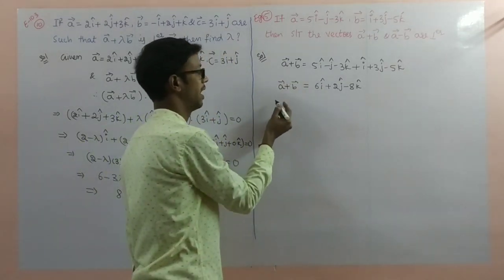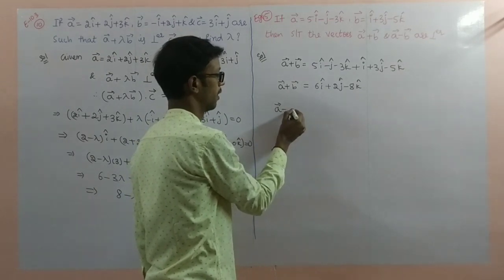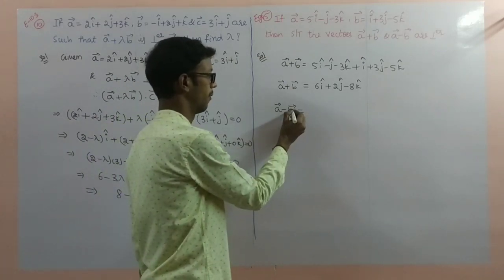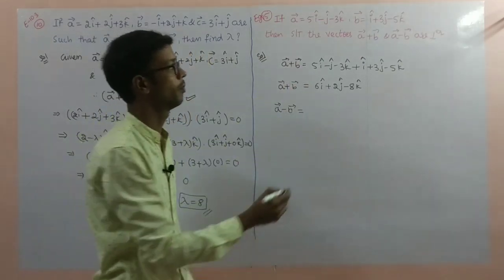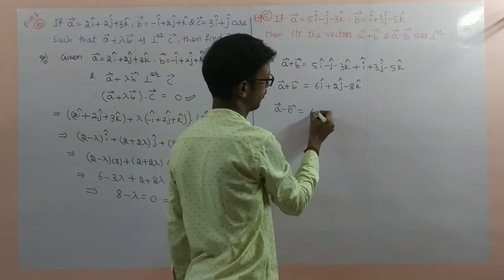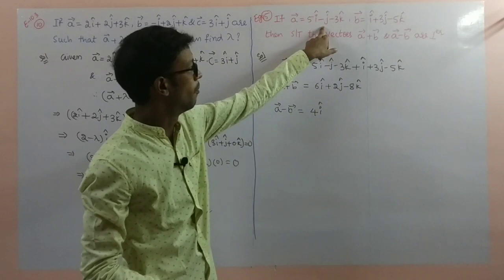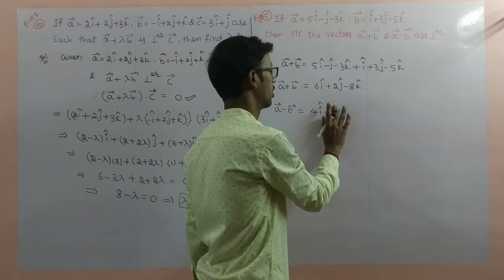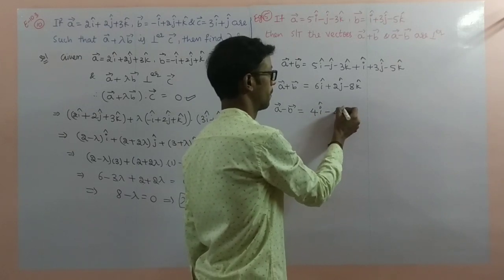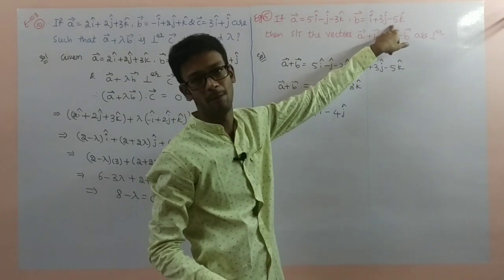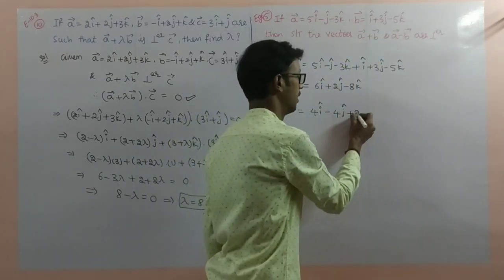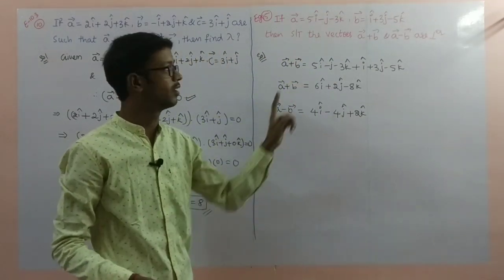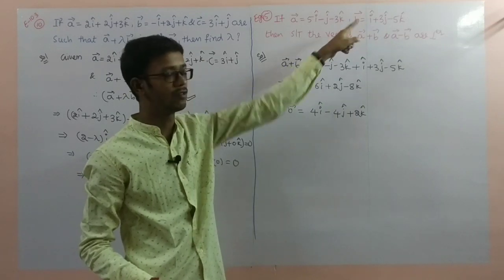Now A bar minus B bar: subtraction you have to make, 5 minus 1, 4i cap, minus j minus 3j, minus 4j cap, minus 3k minus of minus 5k, plus 2k cap. If any doubt is there, first write it down. In subtraction, negative making means the signs will be changed.